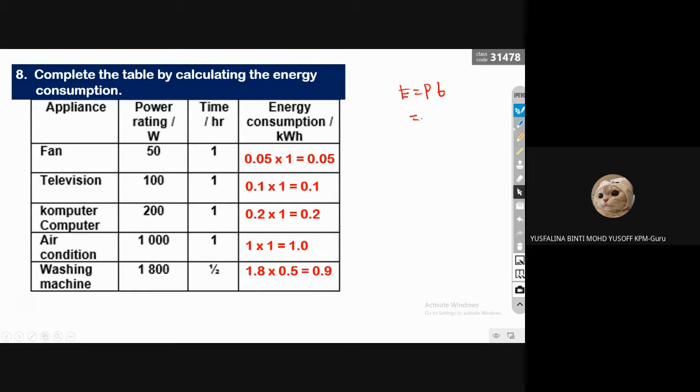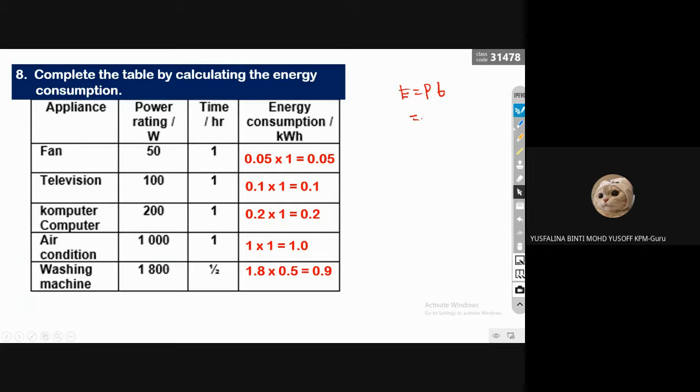This one, the power must be in kilowatt. If they want you to calculate the power, or you need to find the electrical energy that you use at home, if it's not for the home, it's just like a normal calculation, then you don't need to change.